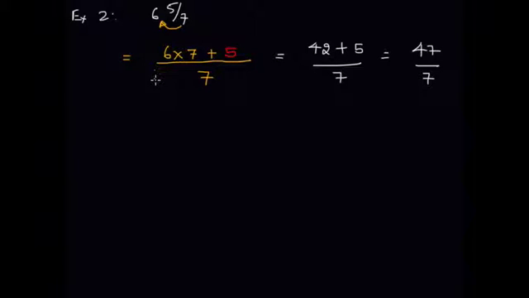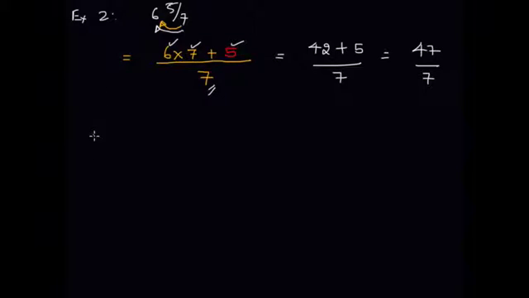That's about it. So what we did was you retain the denominator as 7, you multiply the denominator by the whole number here, which is 6 as shown here, and then you add the numerator to it. So you get 6 times 7 is 42 plus 5 by 7, which is 47 by 7.